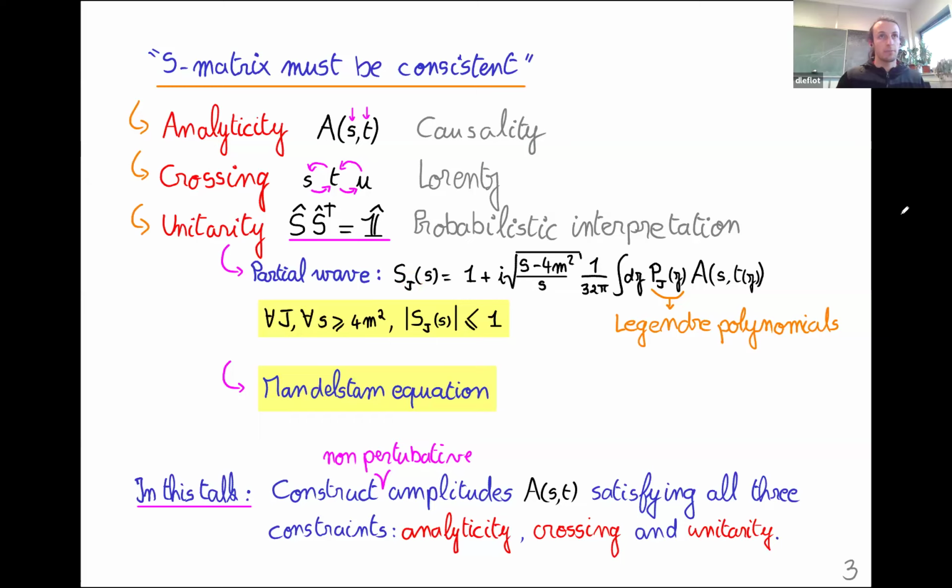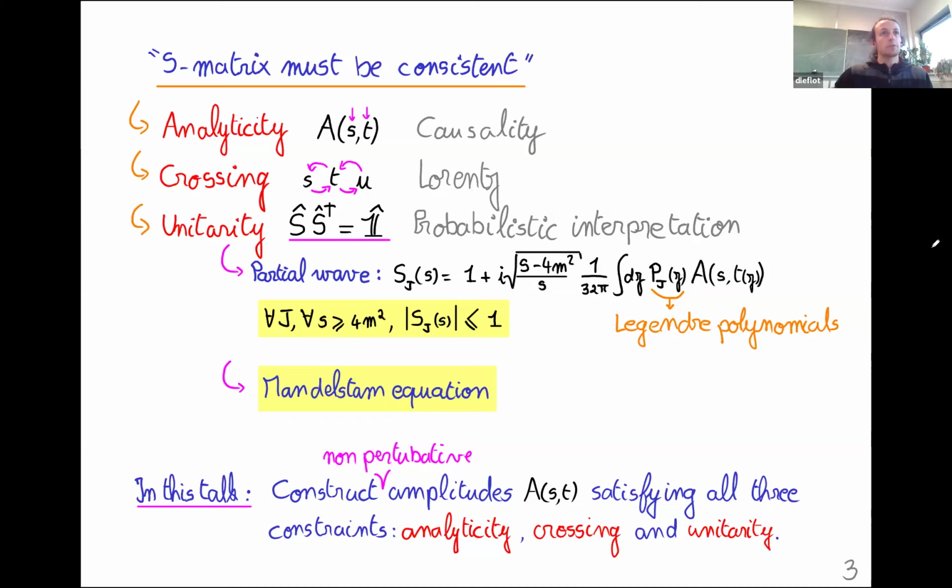What is great with this setup is that unitarity applies on each partial wave independently. For each S_j, if the modulus of S_j is smaller than or equal to 1, unitarity is satisfied. I forgot to say that in this setup, you can think of s as the total incoming energy squared. So unitarity applies for s greater than 4m squared.